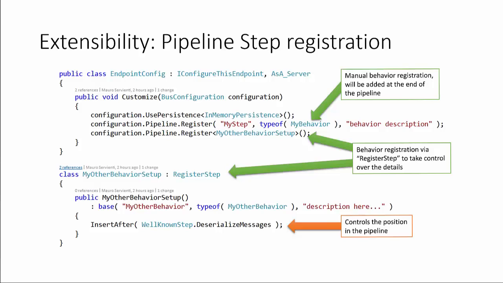If yes, add my new behavior right after it or right before it, in order to not register anything that is useless at that moment. As soon as we do this, for each incoming message or outgoing message, our behavior will be instantiated via the inversion of control container and will be invoked depending on the direction of the behavior.